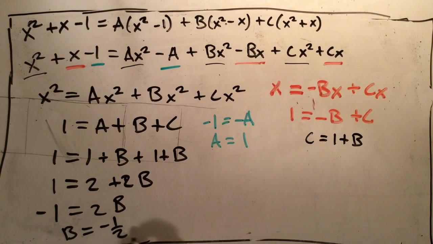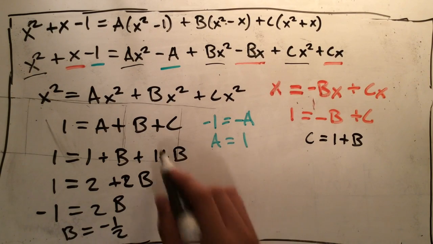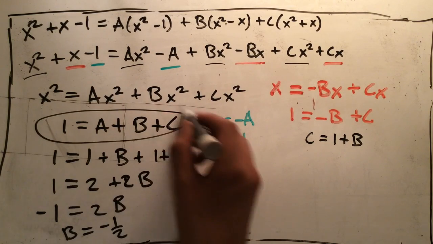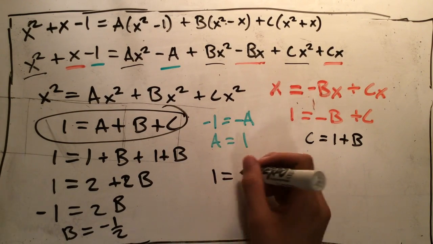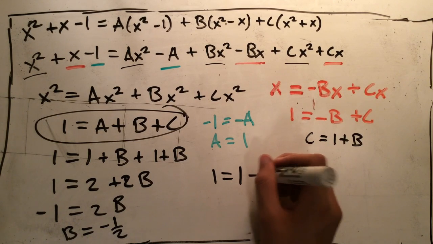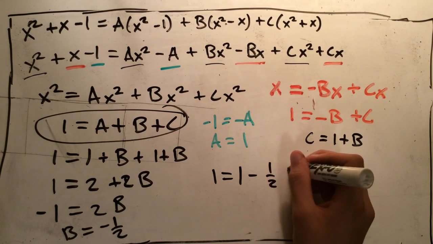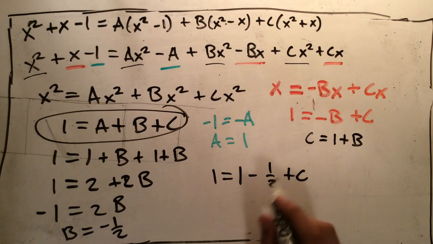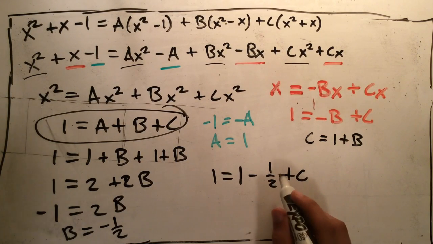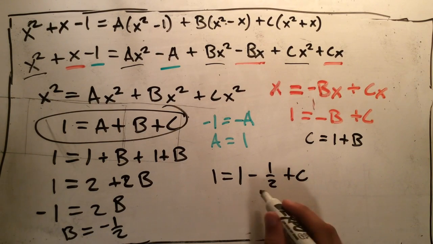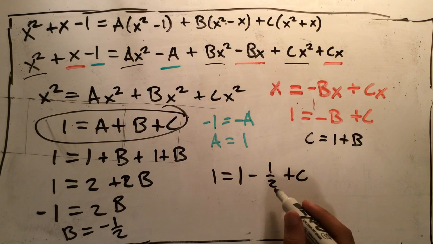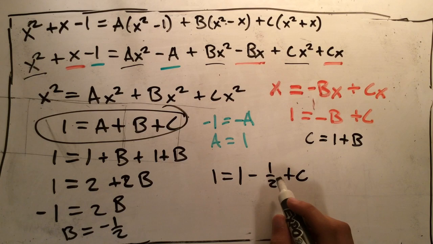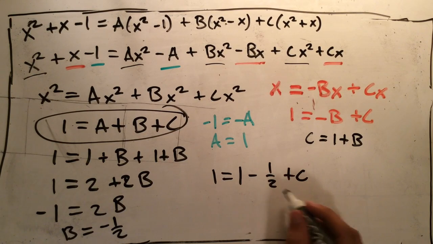So there's our b, and we have our a. Now we just go back to this equation here and solve for our c. So we have 1 equals 1 minus 1/2 plus c. Let's solve for c. 1 minus 1/2, sorry, is actually 1/2.